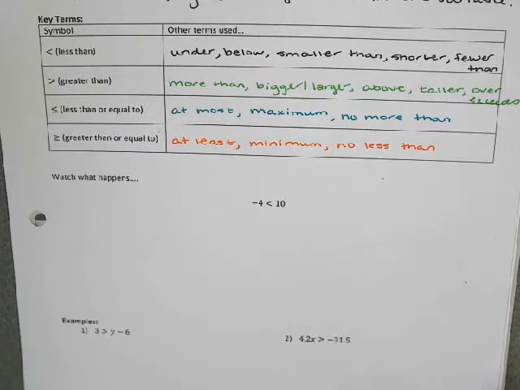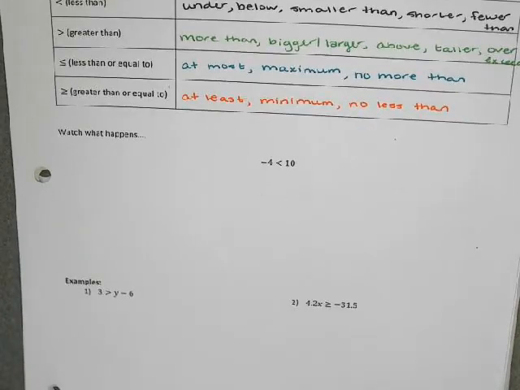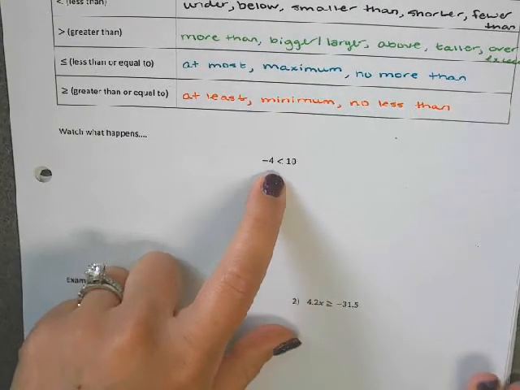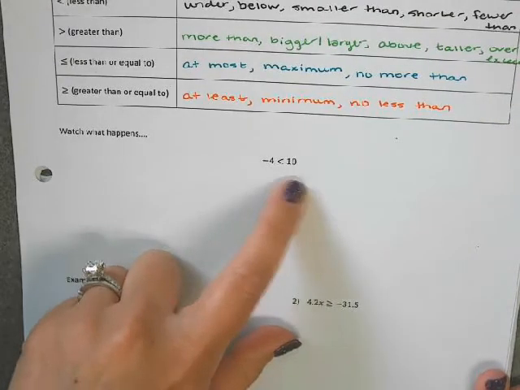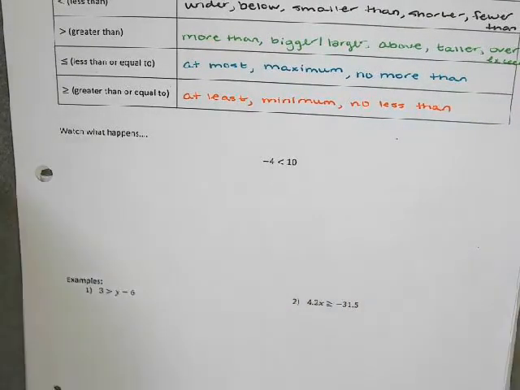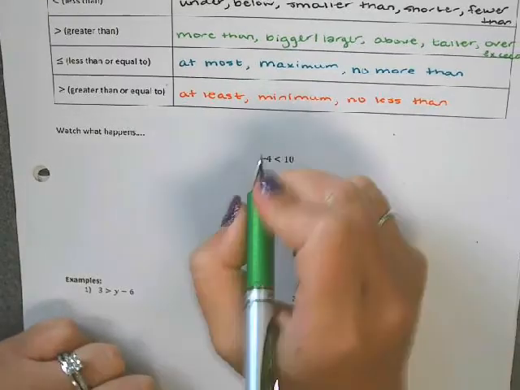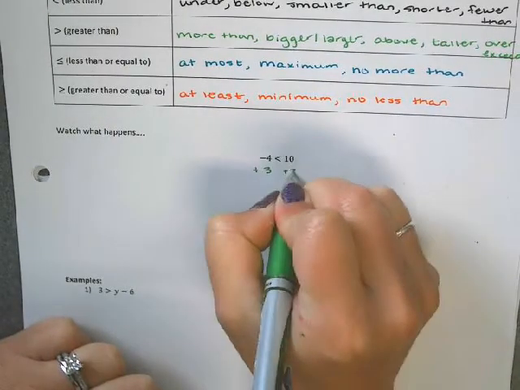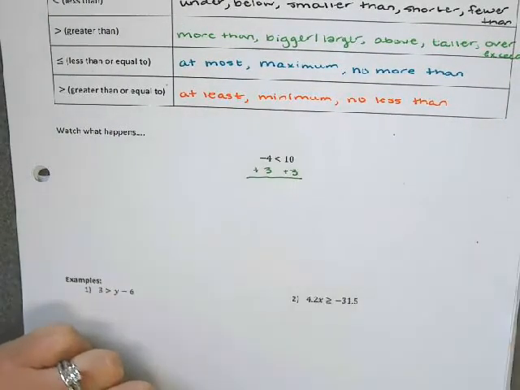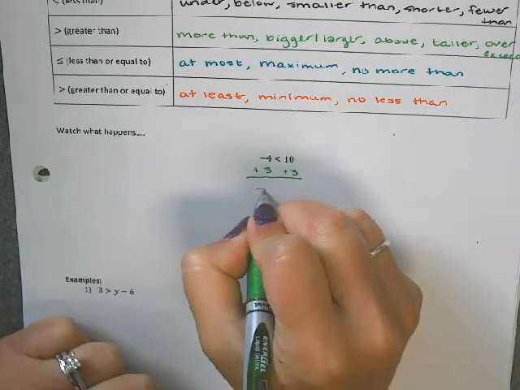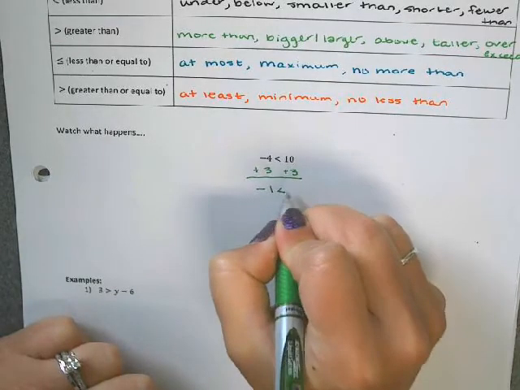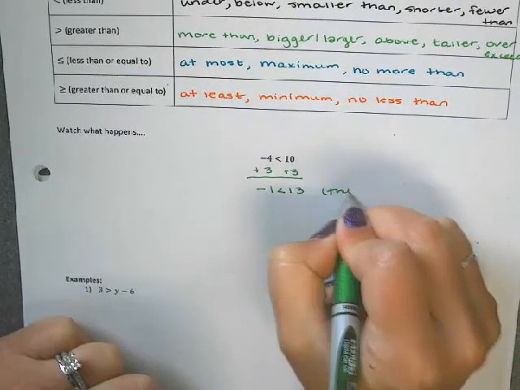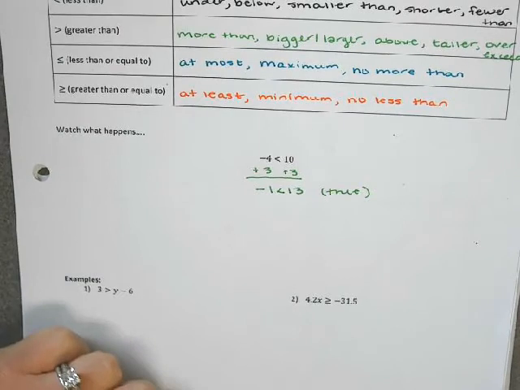All right, so this next part is just so that you can see the properties that go along with inequalities. Can we all agree that -4 is less than 10? Okay, so if we took a number and added it to both sides, like let's say we were to add 3 to both sides, what we would end up getting, just like in an equation, is that -1 is less than 13, which is still true.